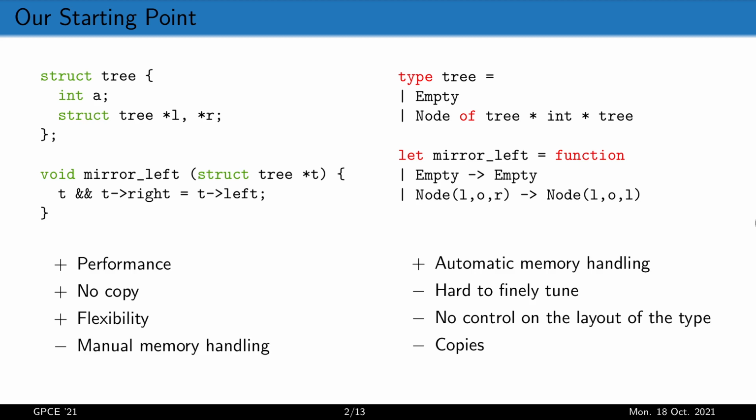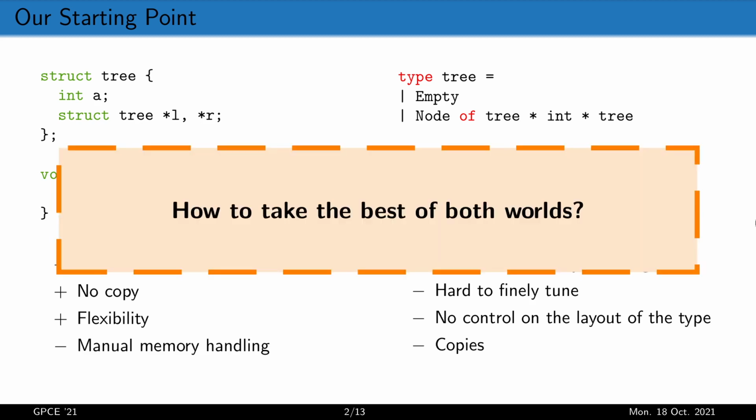However, we can neither tune how the type is stored in memory nor control how copies are done, but we don't have to fiddle with memory, which is great. So our goal is to take the best of both worlds, that is, keep the very convenient approach provided by high-level languages, but still provide ways to control the memory layout and enable in-place structural modification.